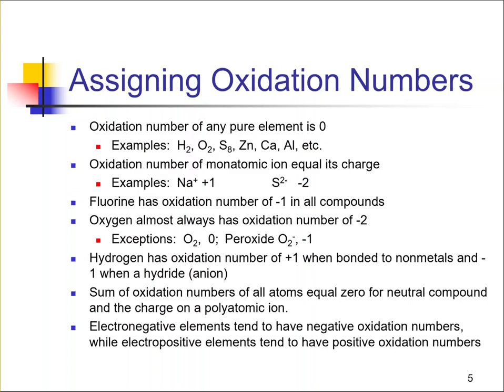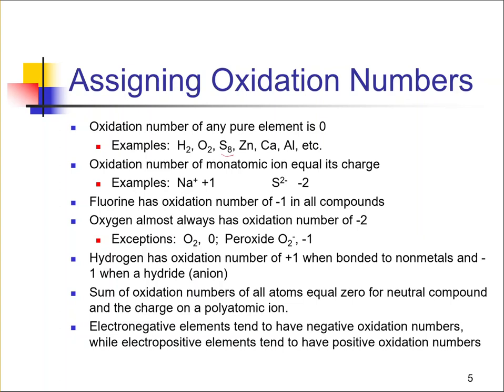So in this slide, you see all the rules for assigning oxidation numbers. These rules, you need to memorize them. First of all, the oxidation number of any pure element is 0. Pure element means all monoatomic elements, also diatomic elements, and also phosphorus and sulfur. Sulfur in elemental form is in the form of S8, and phosphorus is in the form of P4.